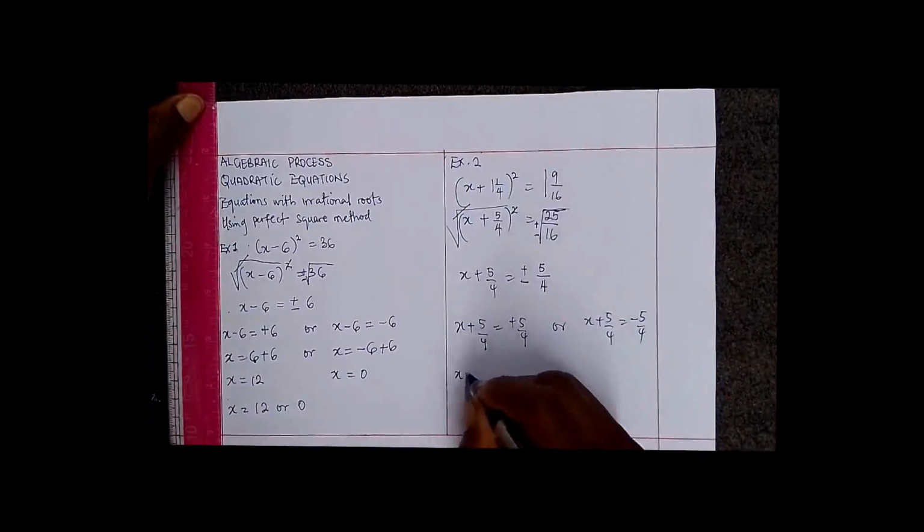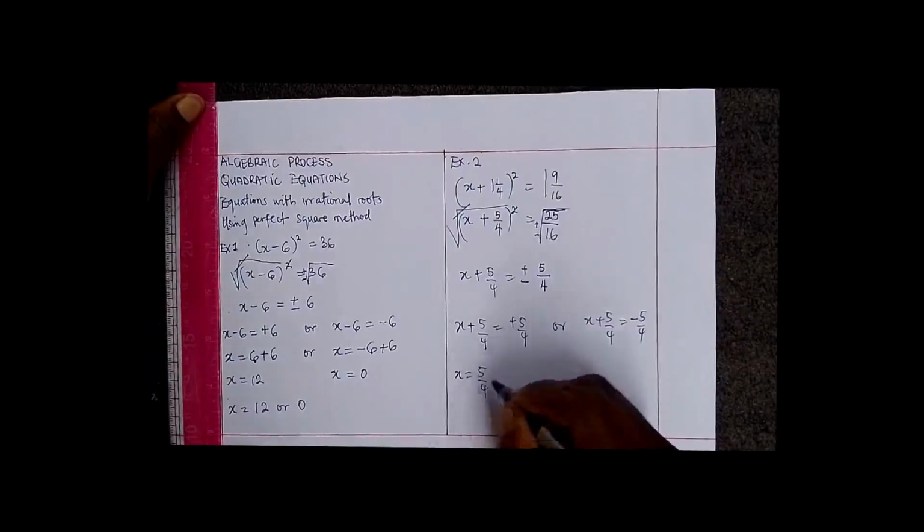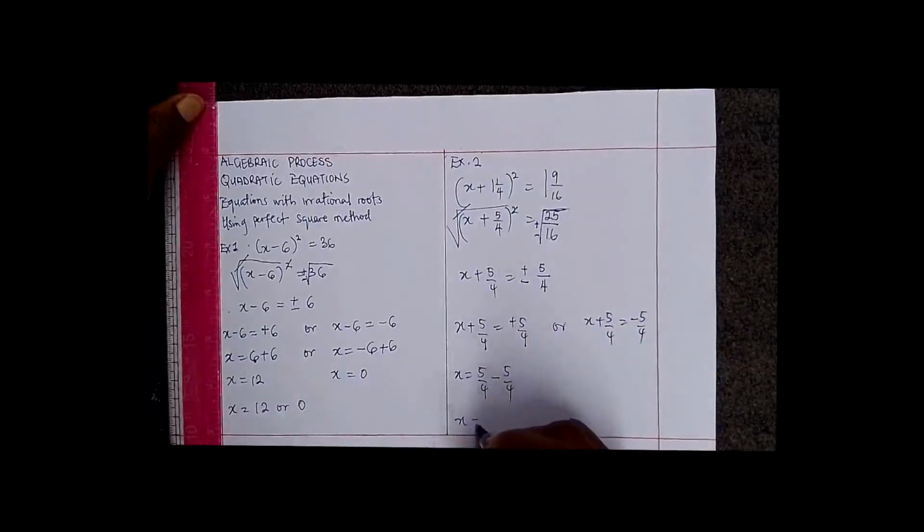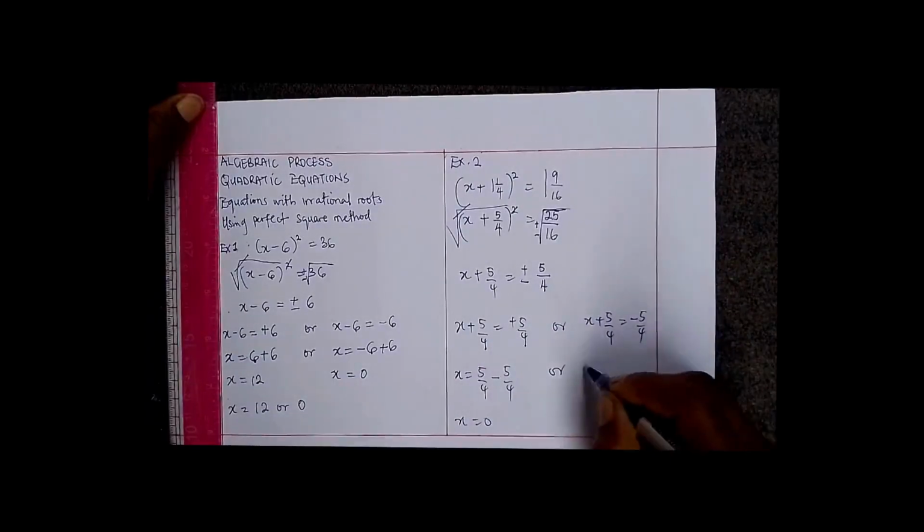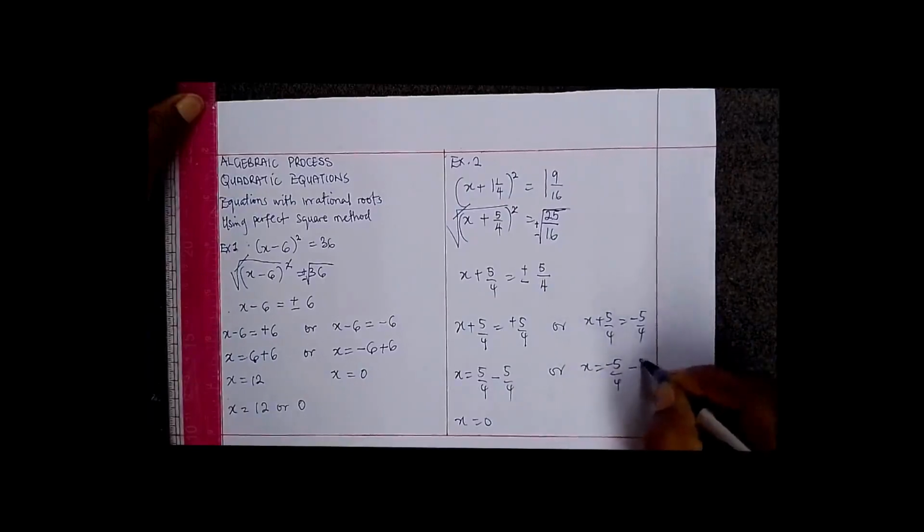So what we have is x = 5/4 plus moving over minus 5/4, x = 0, or x = -5/4 minus 5/4.